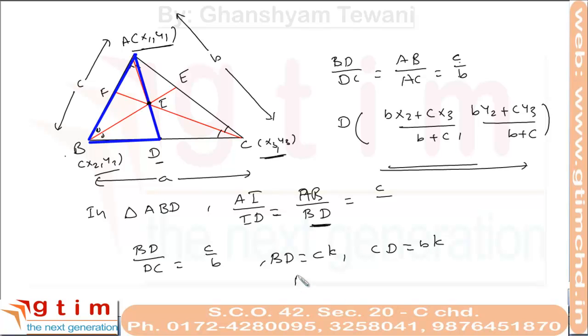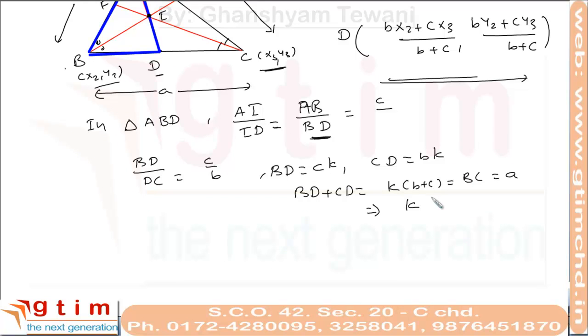Now if we add BD and CD, their addition will be K times b plus c. And what is BD plus CD? That is length BC or small a, from which we have the value of K. So the value of K is a upon b plus c. If we put this value of K here, we have BD equal to ac upon b plus c.